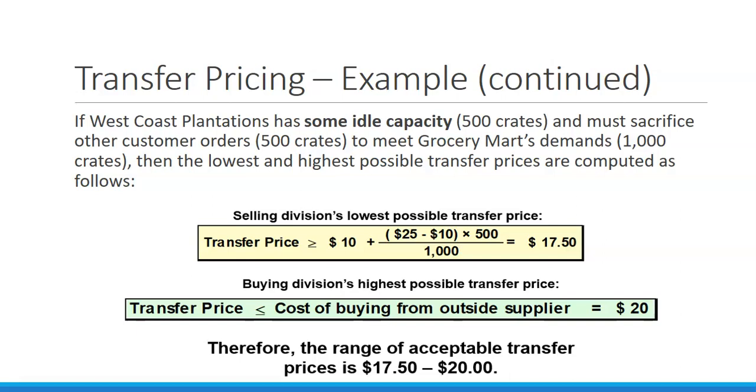So we have the $25 market price minus our $10 variable cost, which gives us the contribution margin, times the 500 crates that we would have sold to the outside, divided by the 1,000 crates, that's the total order. And we get a transfer price of $17.50. And of course, the buying division has not changed their mind. They're still only going to pay no more than $20. In this case, the transfer price is between the range of $17.50 and $20.